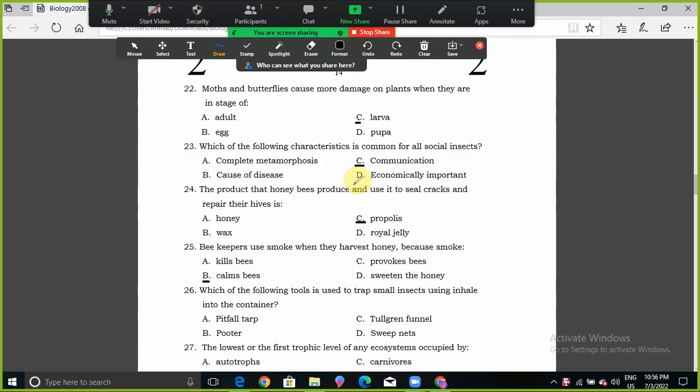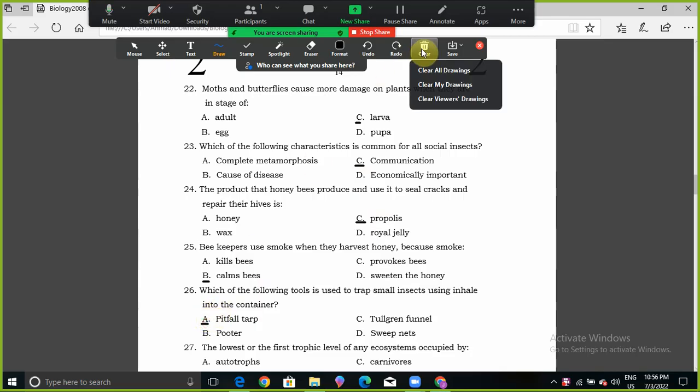Now, which one has a container? Actually, the correct answer is pitfall trap. Why? Because it's a container that is sunk into the ground so that its rim is flush with the soil surface. Insects and other arthropods are captured when they fall into the trap. So the correct answer for question number 26 is pitfall trap.